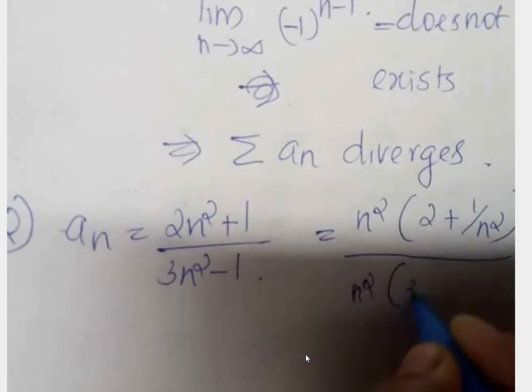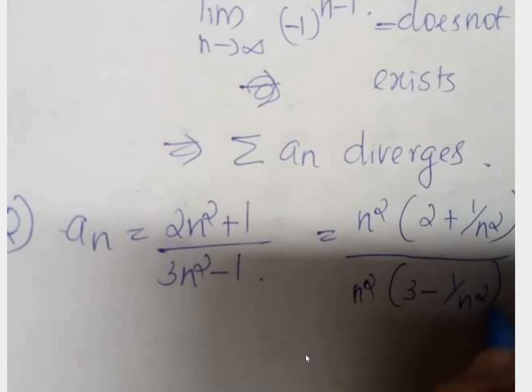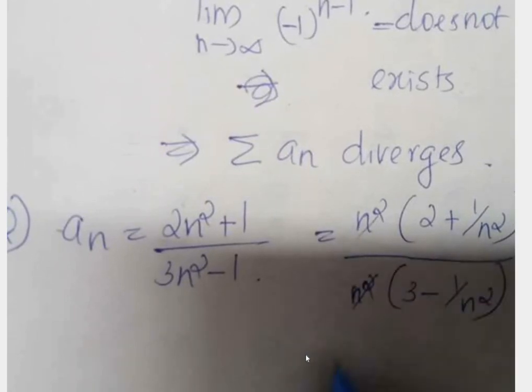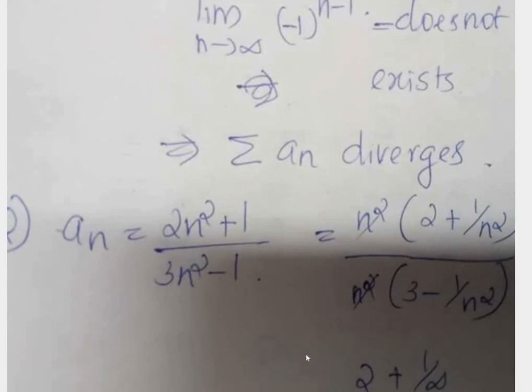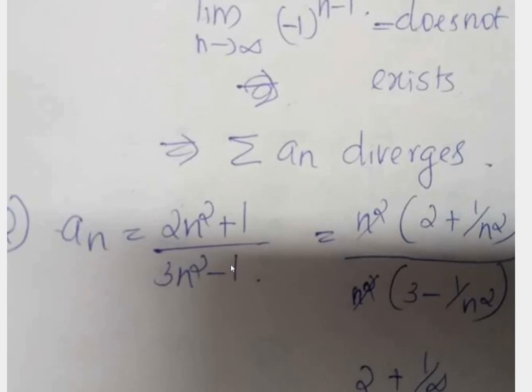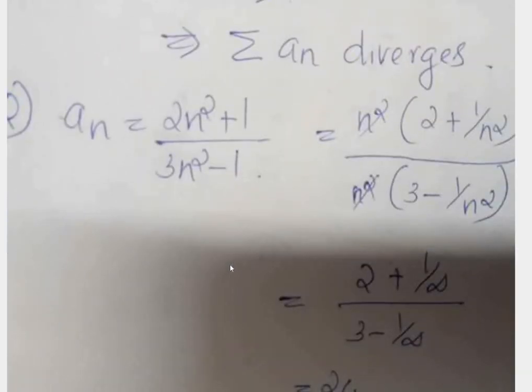This gets cancelled and this is equal to (2 plus 1 by infinity) divided by (3 minus 1 by infinity), which is equal to 2 by 3.